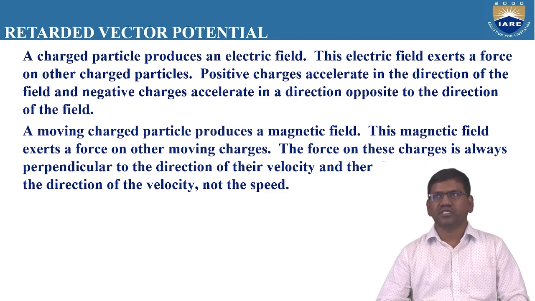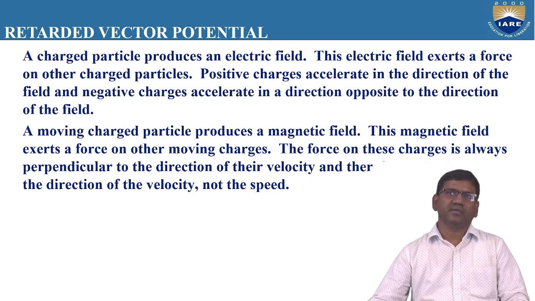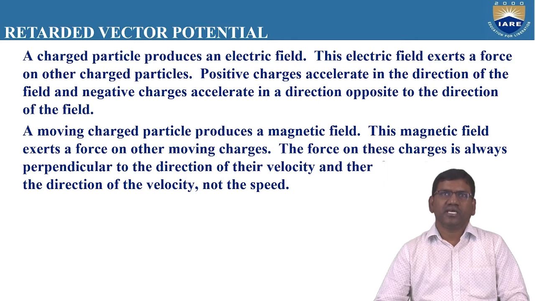If any unit positive charge is stationary, it will produce a static electric field. This electric field will exert a force on other charged particles. The positive charges will move in the direction of the field, and the negative charges will accelerate in the opposite direction.